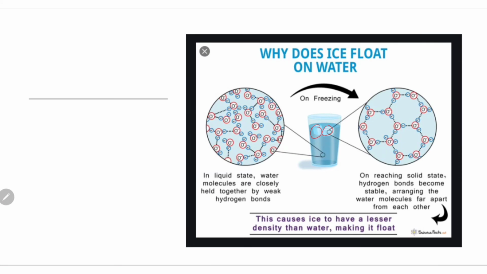In ice the hydrogen bonds become stronger, so the volume will be bigger, because density is mass over volume. When the volume is bigger, the density will be smaller. With smaller density, the ice cube will float on water.